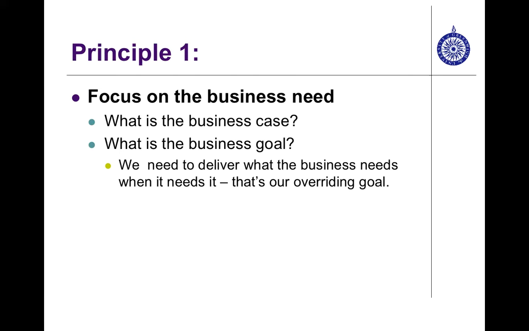This means we have to identify the business case and business goal. So what is business case? Business case is the problem of the organization. The problem that the organization is facing becomes a business case.